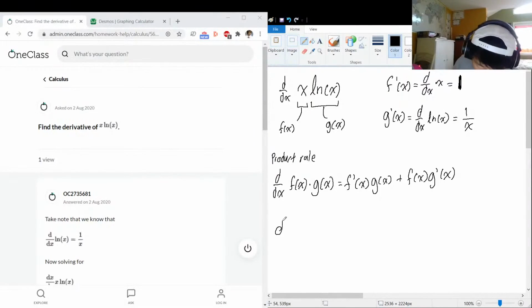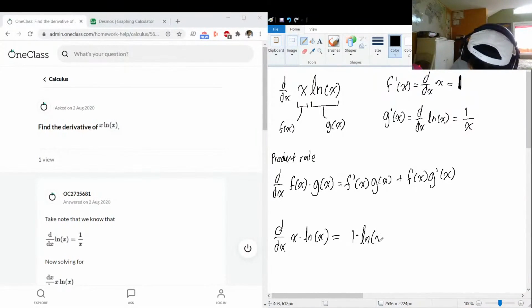So we got d over dx of x multiplied with a natural logarithm of x is equal to the derivative of the first one, so that is 1, multiplied with the normal second one, g of x, so that's just a natural logarithm of x, plus the normal first one, so that's regular x, multiplied by the derivative of g of x, so that's 1 divided by x.